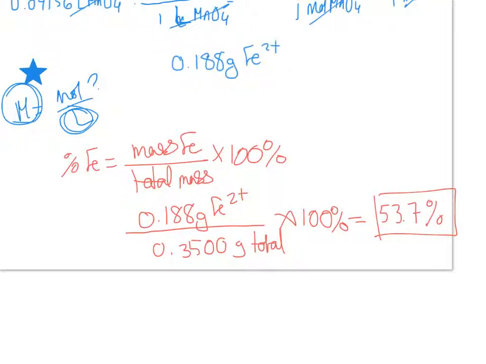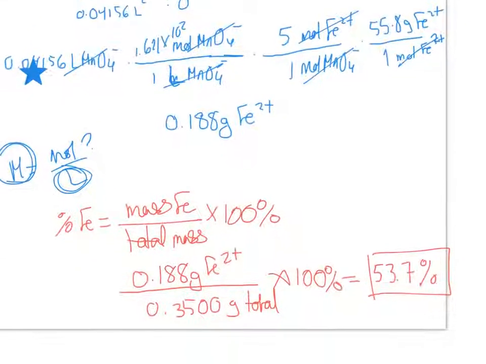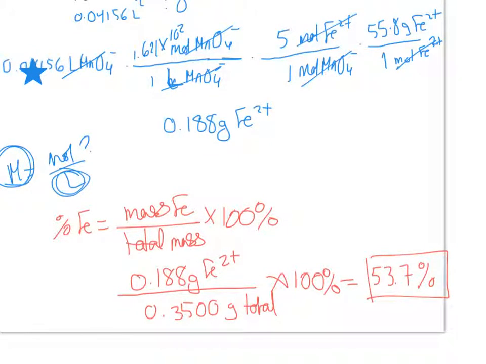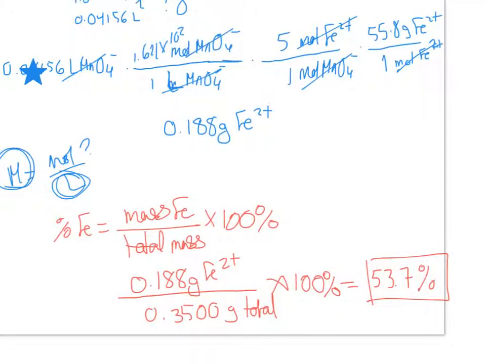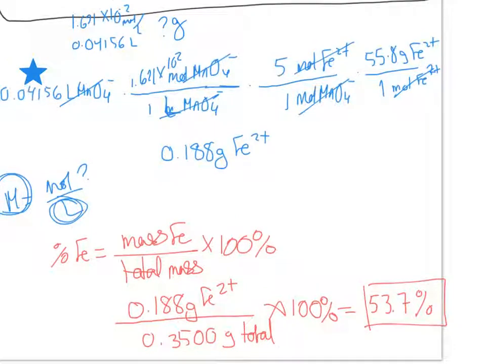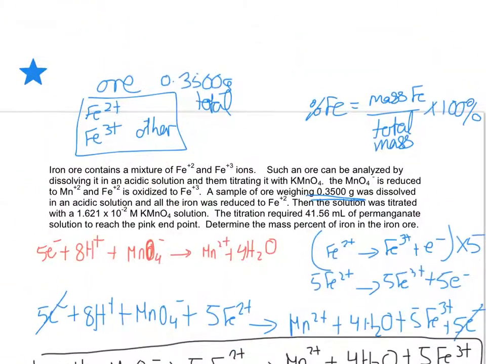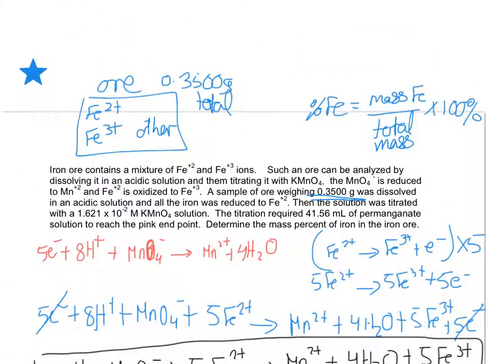Good question. I guess I should have pointed that out. Why is it that the mass of the total iron is just the mass of the Fe2 plus when I know that my ore had both Fe2 plus and Fe3 plus?